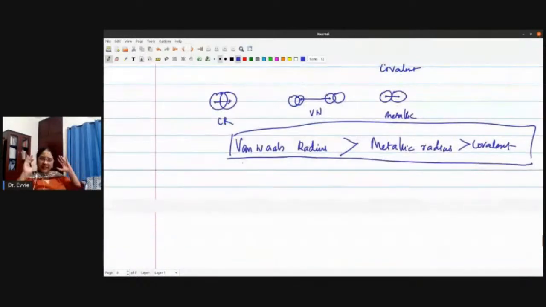Now, coming to the next topic, variation. Till now we have seen only the atomic radius. Based on this, you have to apply it along a period and group.